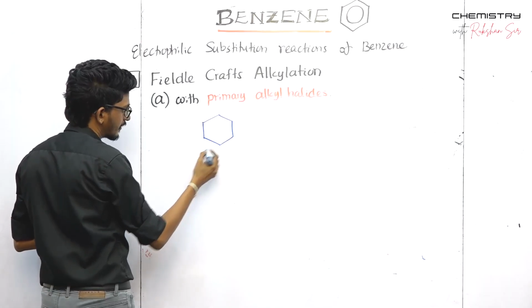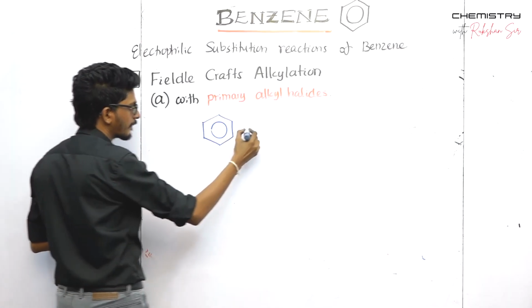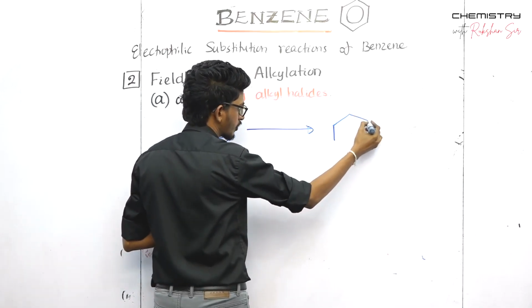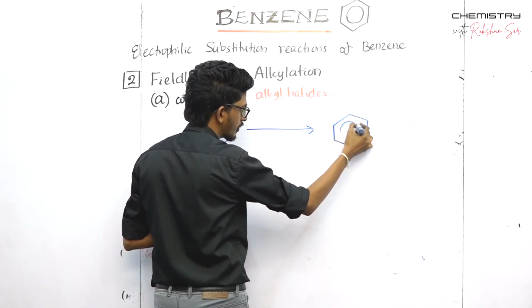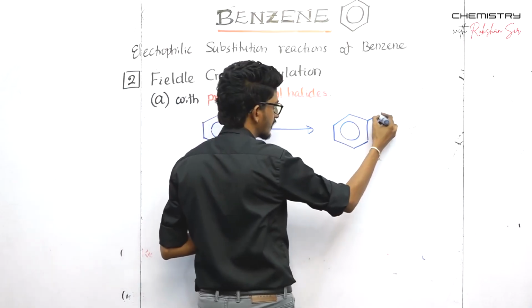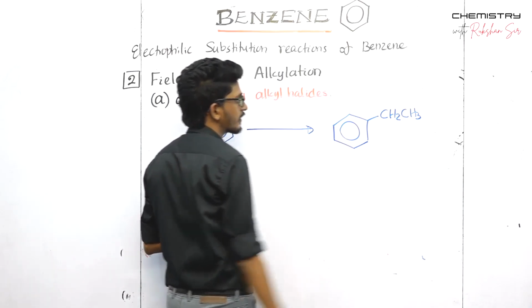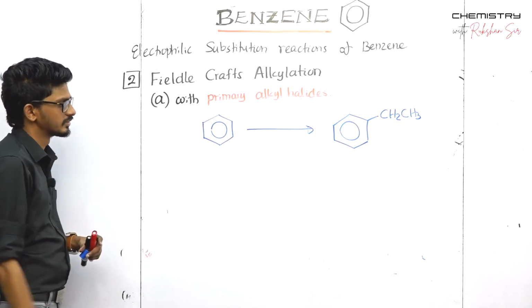So you have the benzene. You're supposed to create some alkyl group there, like this, let's say CH2CH3. Some alkyl group is to be connected.